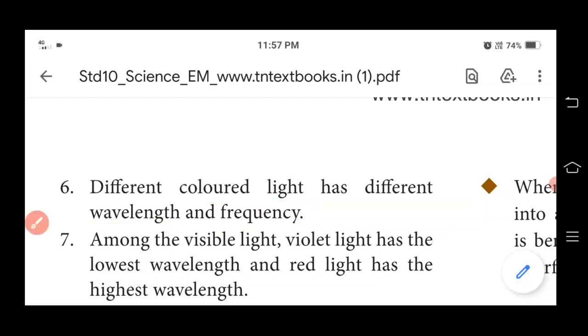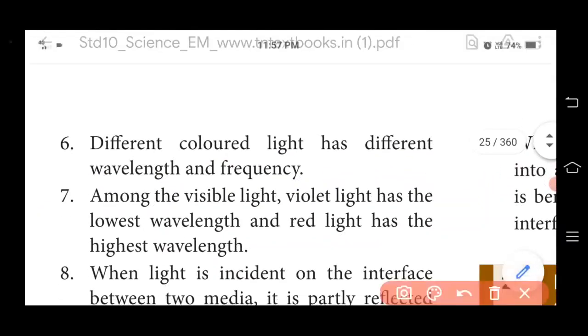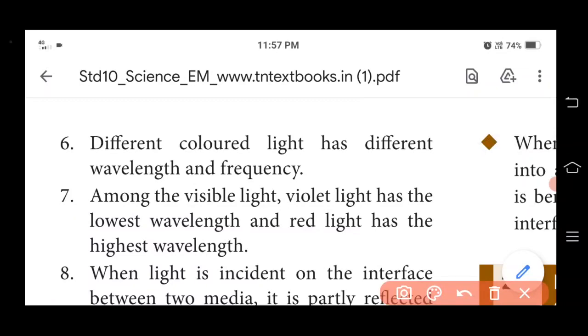So visible light, which contains colors from violet to red, so violet light has the lowest wavelength, and red light has the highest wavelength. So red light can travel through longer distance when compared to violet light.